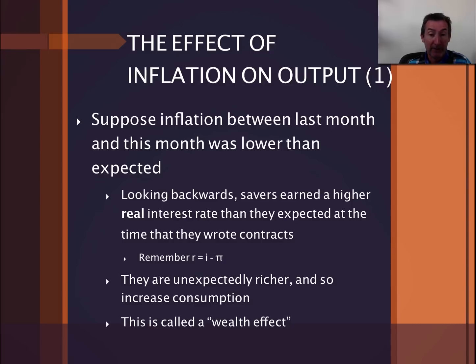So lower inflation is going to tend to lead to a higher real return on savings. Households will be unexpectedly richer and they'll increase their consumption, shifting up planned spending. We call this the wealth effect. So that's one way that prices being lower than expected, or more precisely inflation being lower than expected, will lead to higher planned spending.